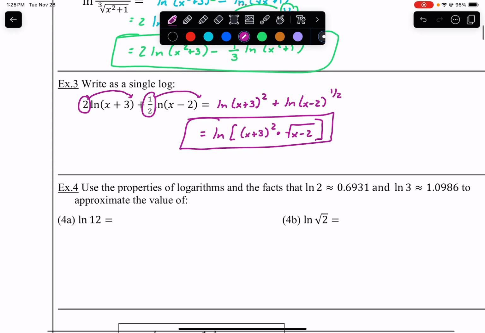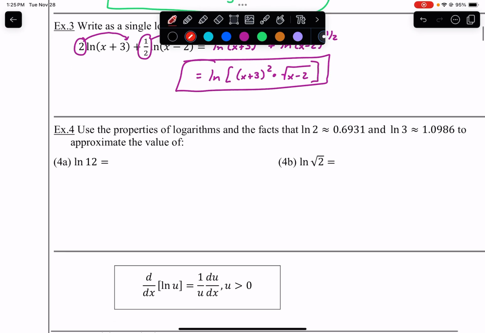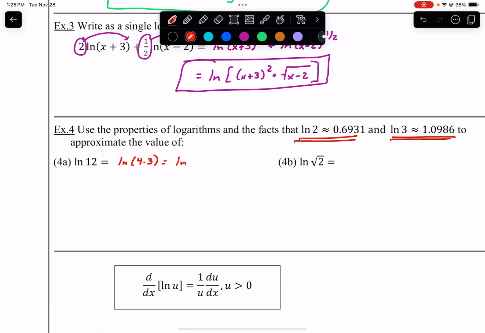Now, knowing that, I can actually do evaluations kind of quickly. If I now have these values given to me, I can rewrite using ln of 2 and ln of 3. So ln of 12 is the same as ln of 4 times 3. Well, that's the same as ln of 2 squared times 3. Now, you could do 2 times 2 times 3.